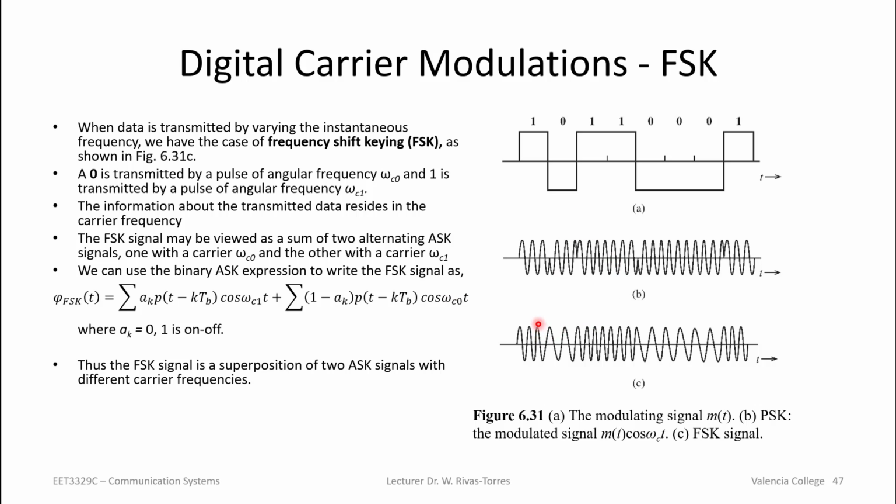Notice that you have a certain frequency during this pulse, but when the pulse changes to 0, you have a different frequency. FSK is constantly switching between the two different frequencies, and that's how we encode our information in frequency, like we did with regular FM. So the 0 is transmitted with a certain frequency, omega_0, and the 1 is transmitted with a certain frequency, omega_1.